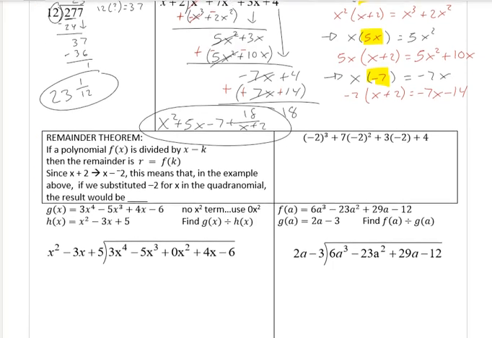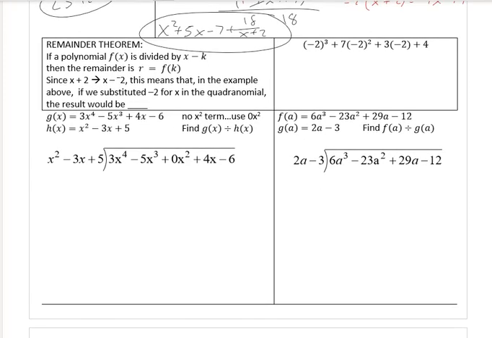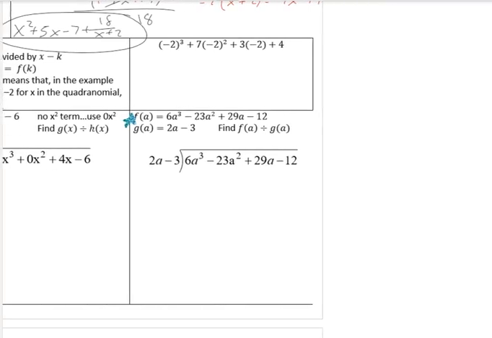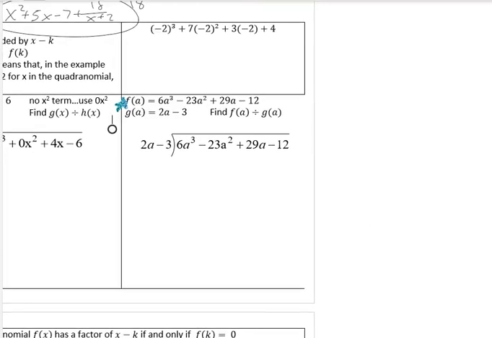I'm going to skip the remainder theorem for now. I'm going to look at this example here. And it says if f of a equals 6a cubed minus 23a squared plus 29a minus 12, and g of a equals 2a minus 3, find f of a divided by g of a. And so it kind of set the problem up for me. So I begin again. Let's kind of give myself some room over here. 2a, look for here and here first.